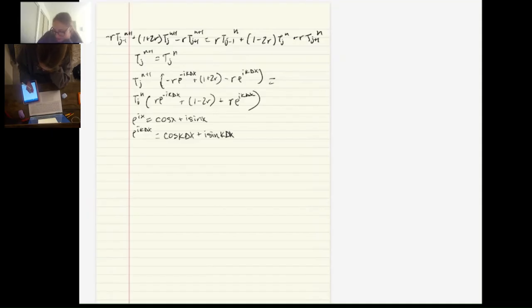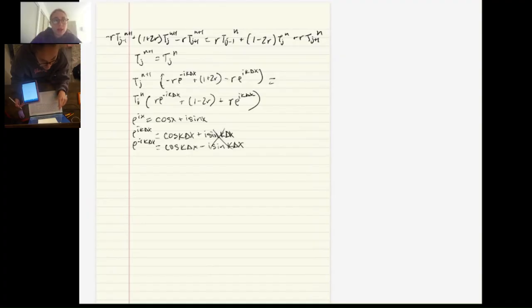And if we do the negative of this as well, e^(negative ik delta x) is equal to cosine of k delta x minus i sine of k delta x. So these sine terms cancel out, and they both have those r terms as well, so we can combine those into the 2.